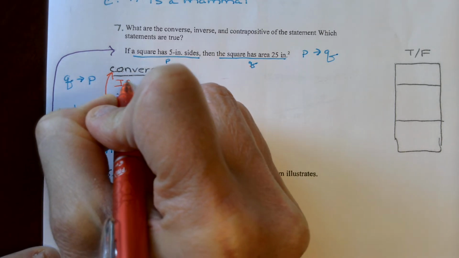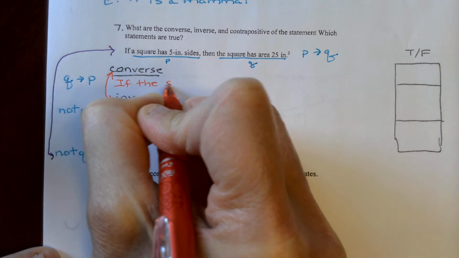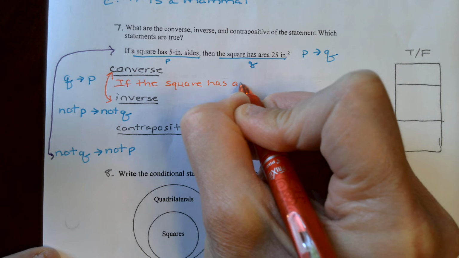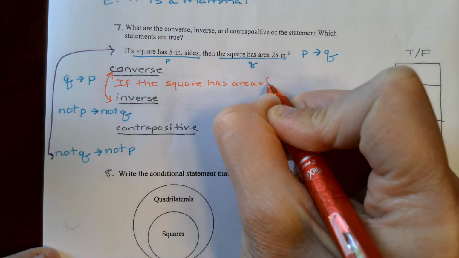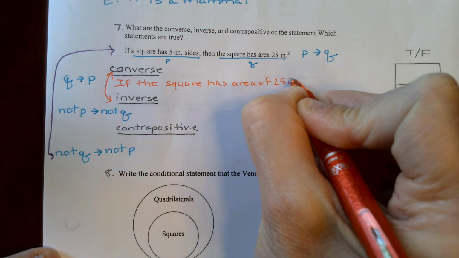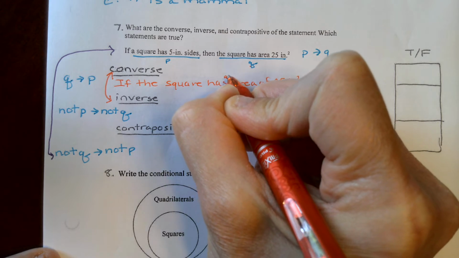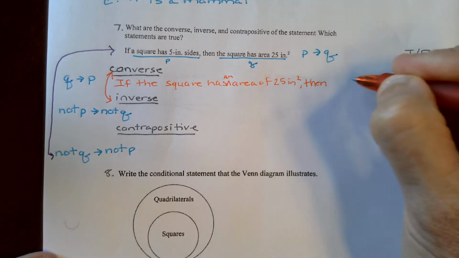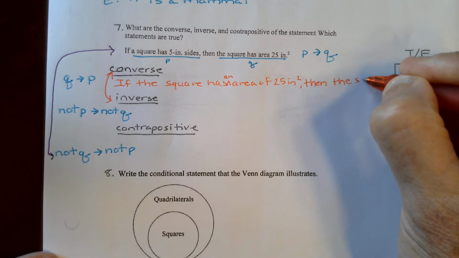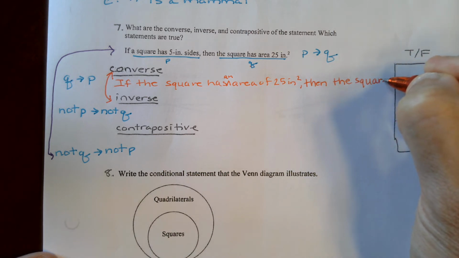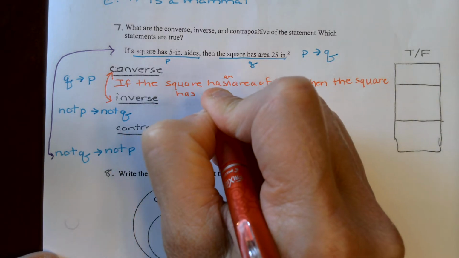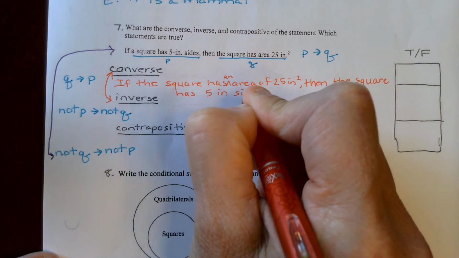So if the square has an area of 25 inches squared, then the square has 5-inch sides.